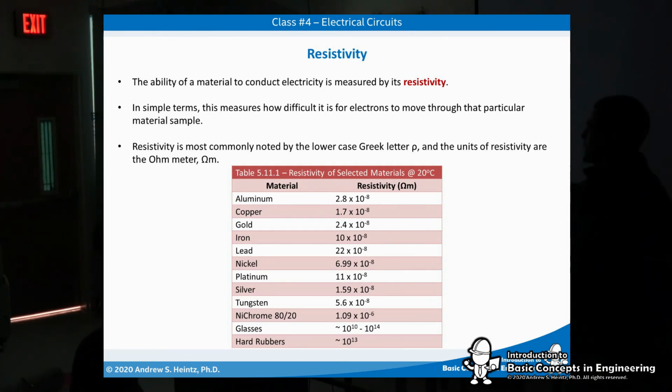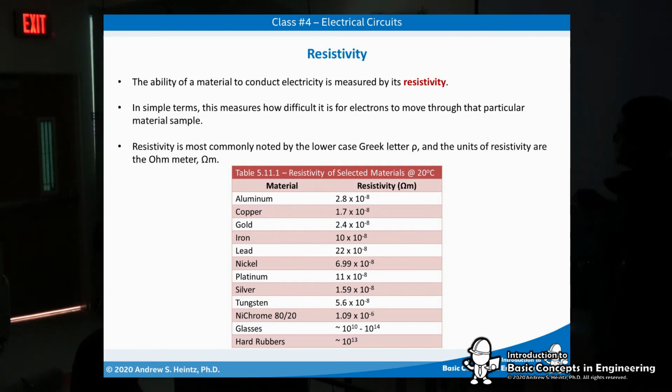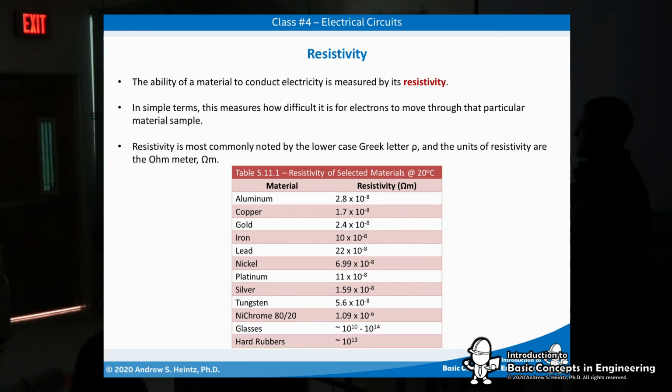On the other hand, if we go to the other side of the spectrum, glasses and hard rubbers, and nichrome, which is what I was trying to think of. Nichrome 80-20 is what they use on your electrical stovetop that gets glowing hot. Glasses are 10 to the 14th, and rubbers 10 to the 13th.